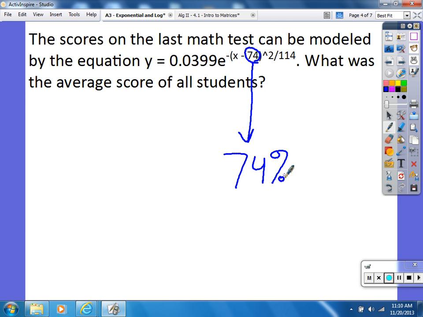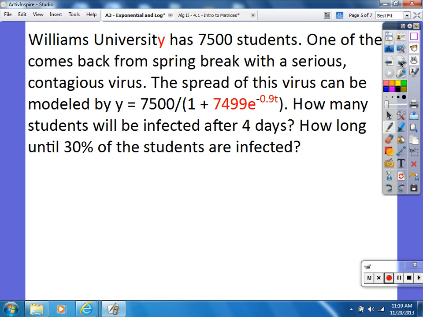Like I said, I really don't like that one, but just so you see something like that. All right, this is a type you will see there.